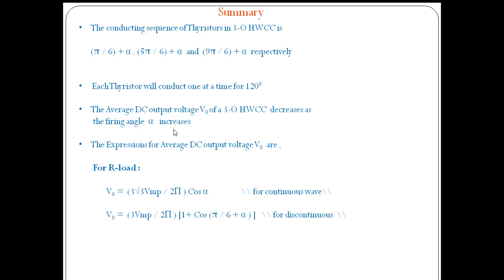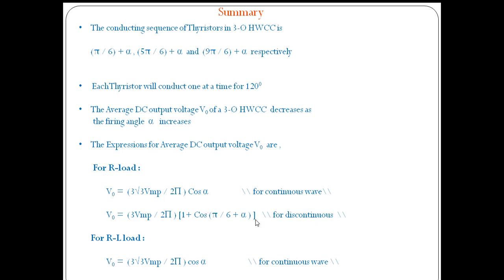The expression for V0 is 3 root 3 Vm by 2 pi cos alpha. This is for continuous conduction. For discontinuous conduction, it is given as V0 equal to 3 Vm by 2 pi times 1 plus cos of (pi by 6 plus alpha).